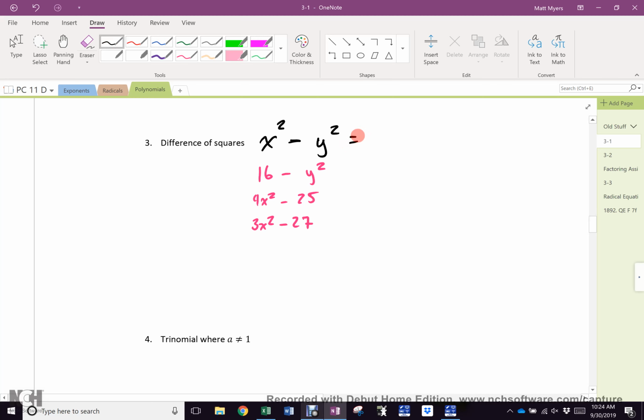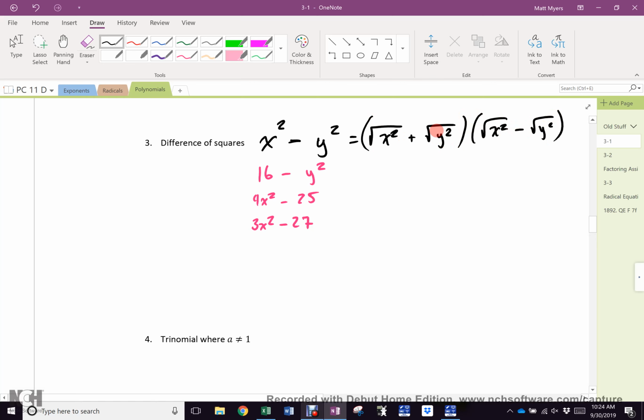All right, now, this is very easy to factor. It is always the square root of whatever that is plus the square root of whatever y is. That's it. And then we write it again, but we have to subtract. Why do we have to subtract? Conjugate.